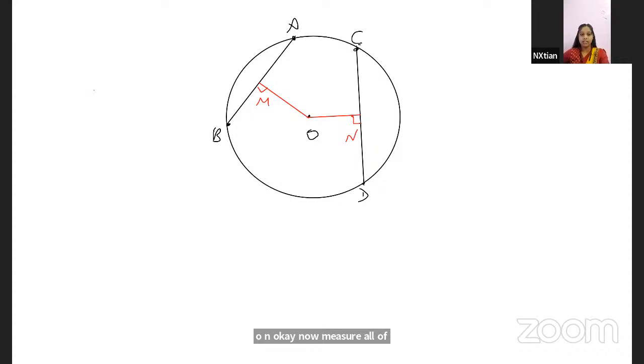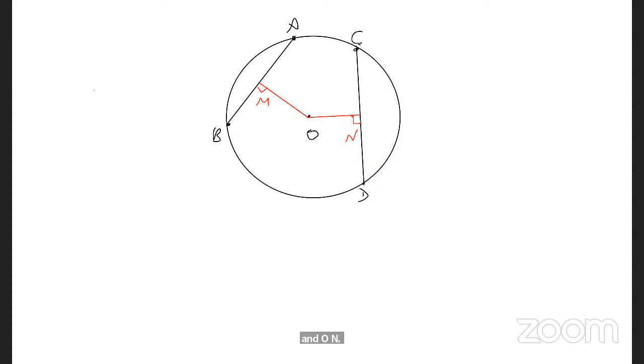Okay, now measure all of them. Measure AB and CD, measure your chords. Then measure the perpendiculars, OM and ON. And tell me the measure.